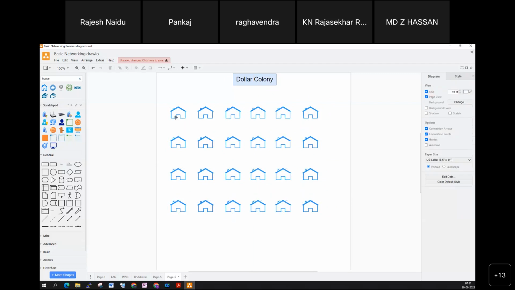This is road number 1, road number 2, road number 3, road number 4, let's consider. These entire houses are available in one particular zone. That's why we gave the name Dollar Colony.